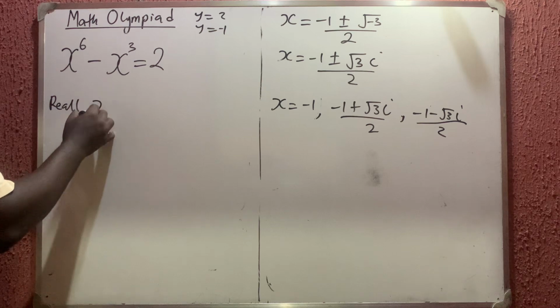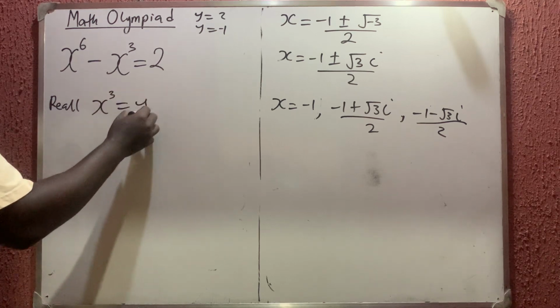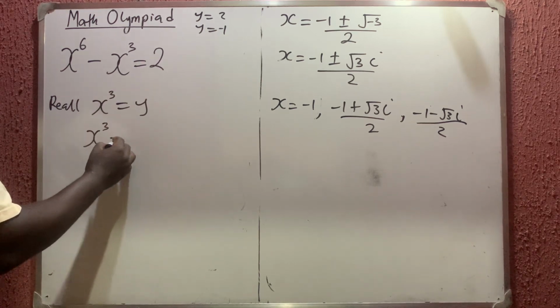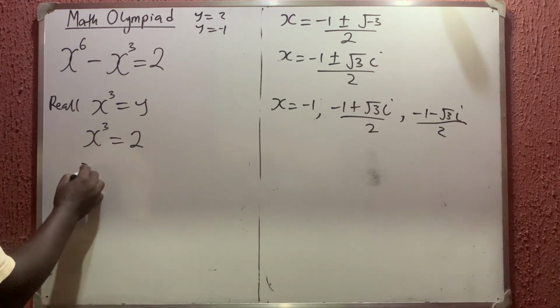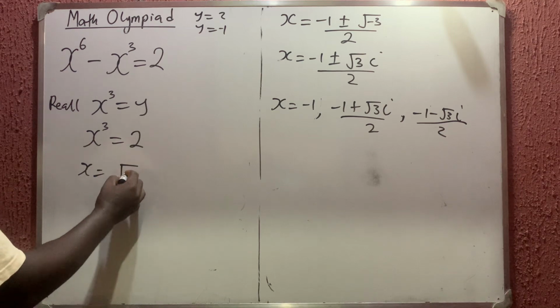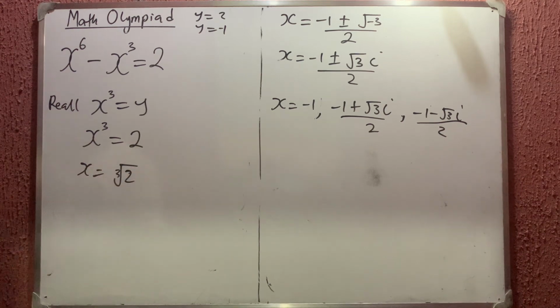They should recall that x raised to power 3 is equal to y. So x raised to power 3 is equal to 2. Okay. So what do we do here? So therefore x is simply the cube root of 2. Yeah. There's nothing more to solve there. It's just the cube root of 2.